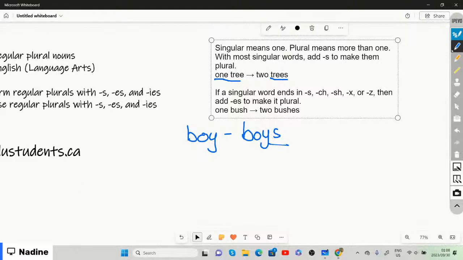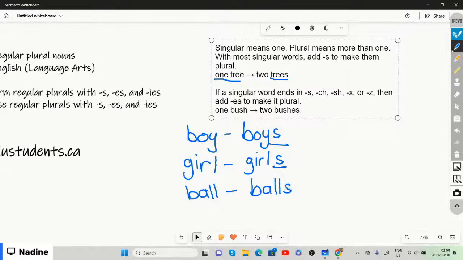The same with girl. One girl, which is singular. But what do you think the plural will be? The plural will be girls, and we just added an S. Same with ball. I have one ball, Jane has two, then we would say balls.